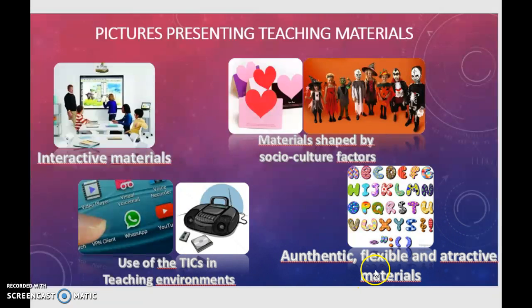And the other is the material. I mean, it is more the tangible material. I put an alphabet, so it's a kind of authentic, flexible, and attractive material. It has to be attractive, authentic. Sorry, because the alphabet is always going to be the same.